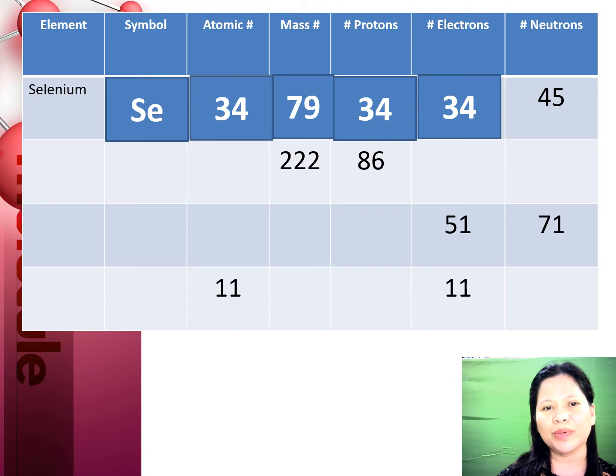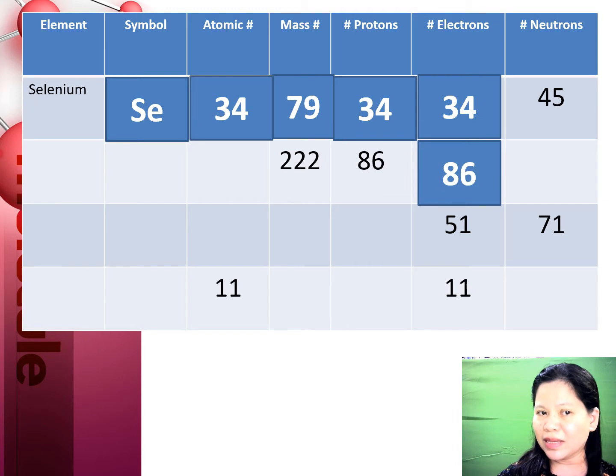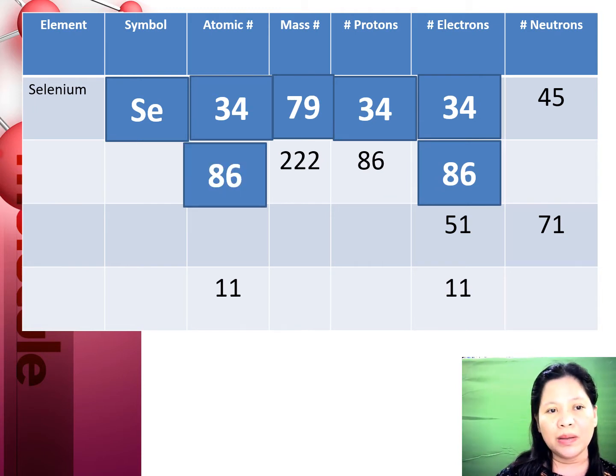Second example. The mass number is 222. The protons is 86. So therefore, the electrons is 86, and the atomic number is 86. Now, you already have the mass number, the atomic number, the number of protons, and the number of electrons. How do we know the number of neutrons?